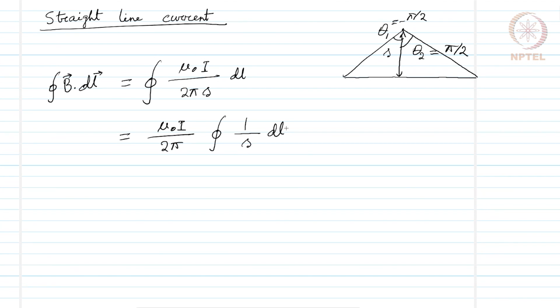And what is the result of this? If we perform this, the result will be mu naught times the current enclosed by this loop that we are considering.